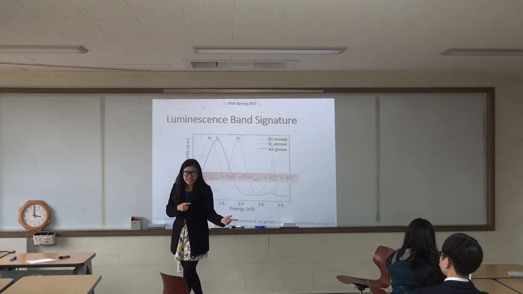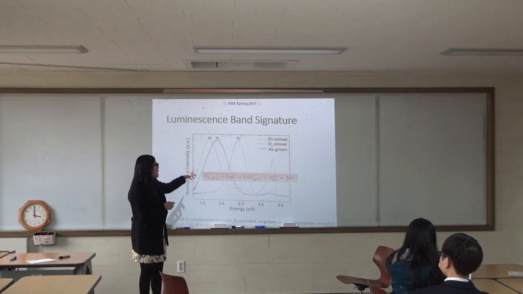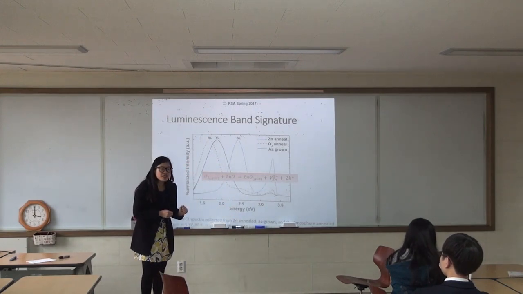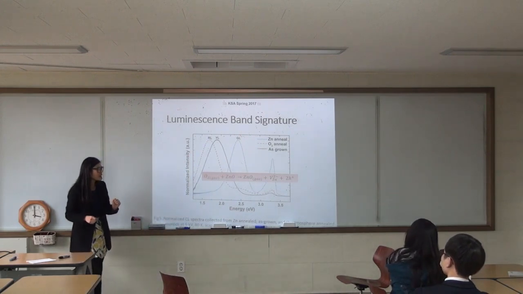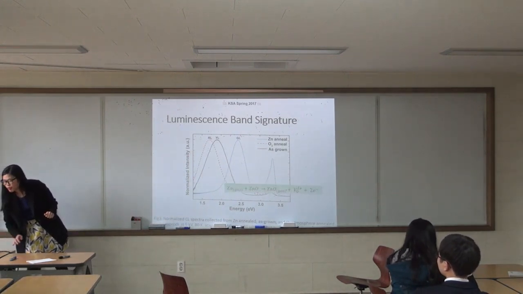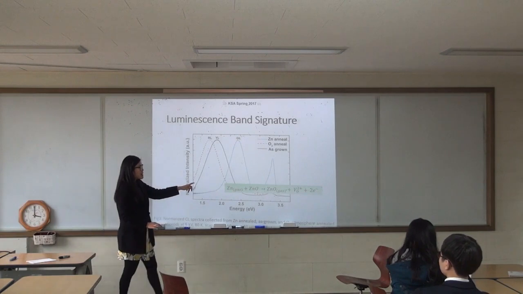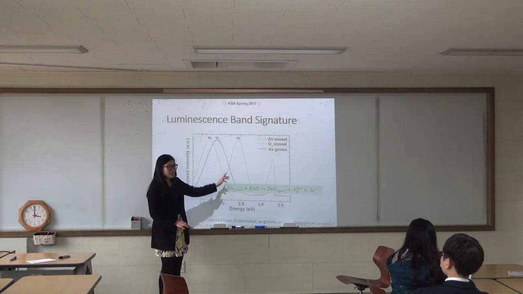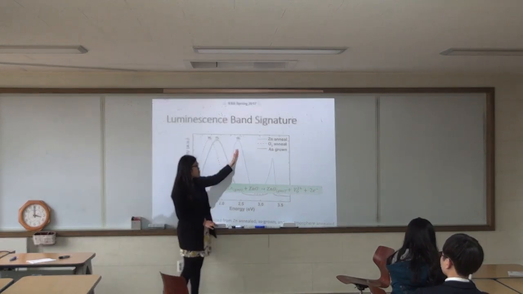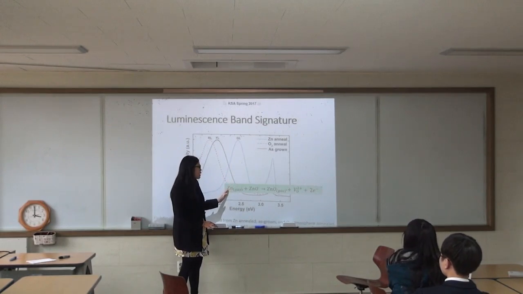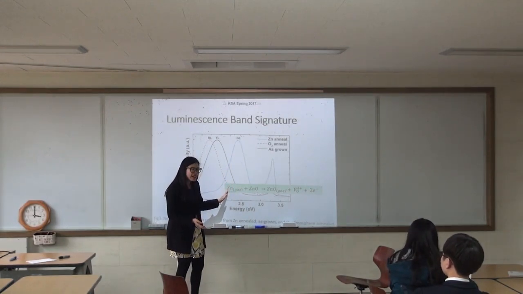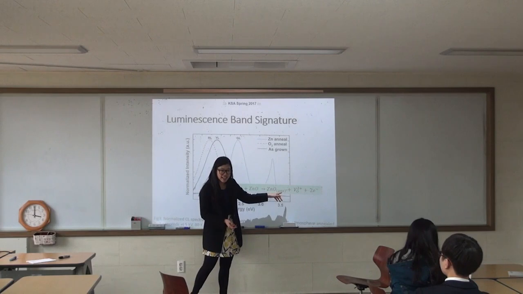So I propose that the red luminescence comes from zinc vacancy. And for the zinc anneal sample, it shifts to green luminescence, which is well agreed to come from oxygen vacancy.